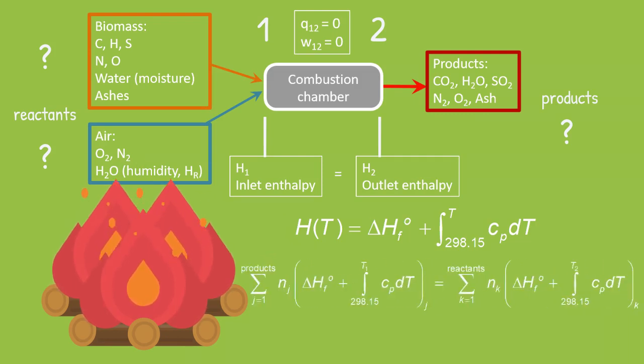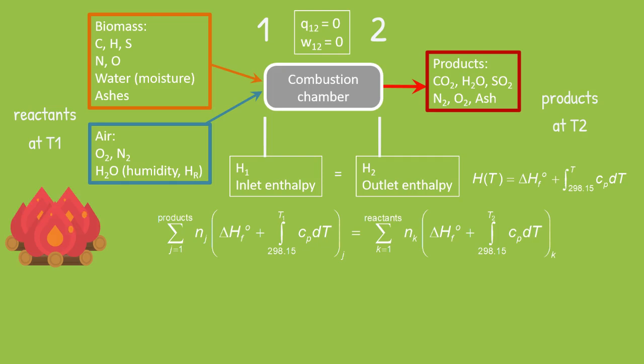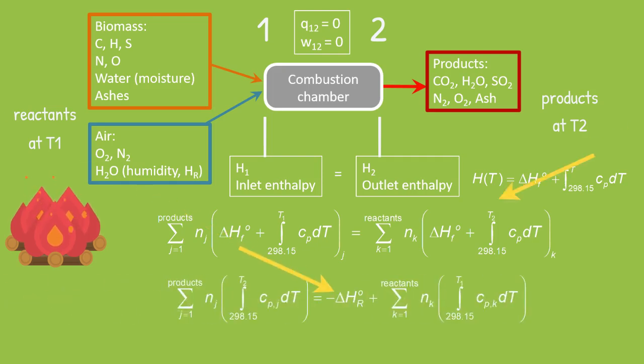For an adiabatic combustion, where the enthalpy of reactants is equal to the enthalpy of products, we have this equation. Rearranging the equation by combining the standard heat of formation of products and reactants, we can evaluate the enthalpy of products and the adiabatic temperature of combustion, or T2.